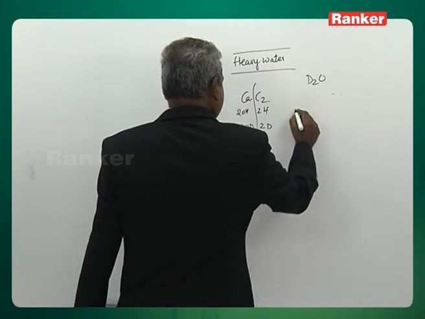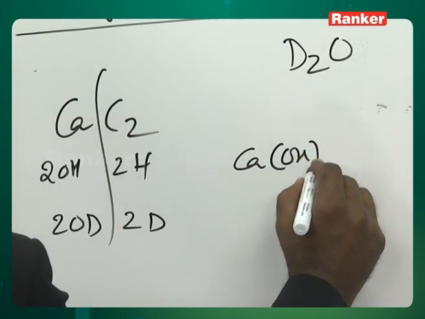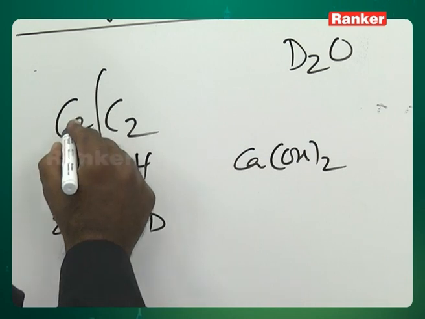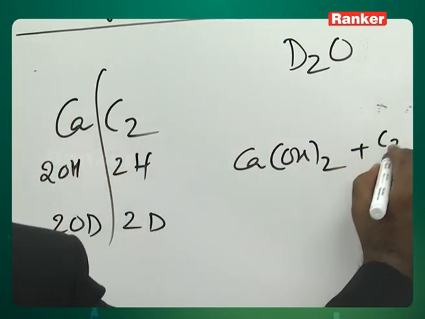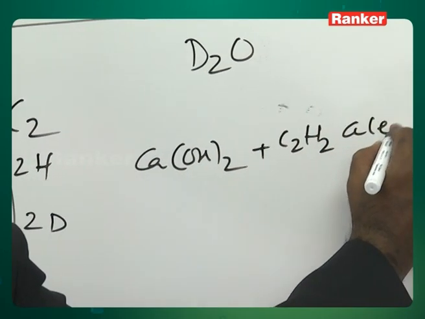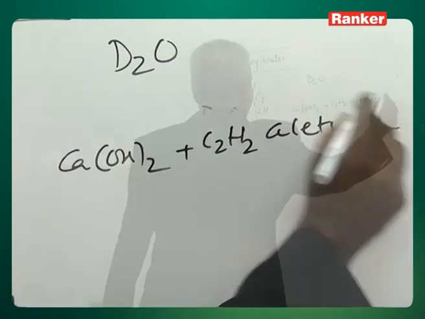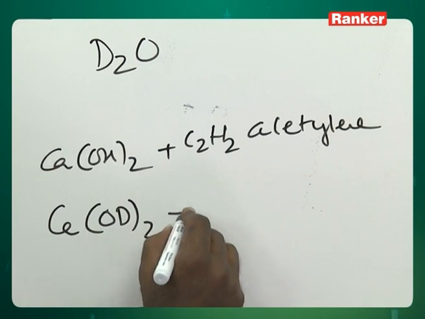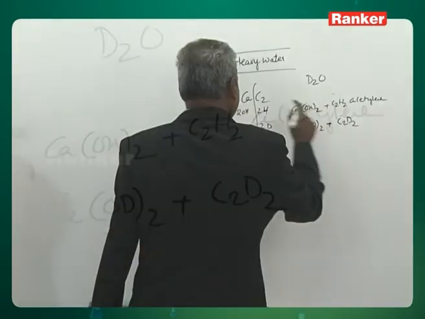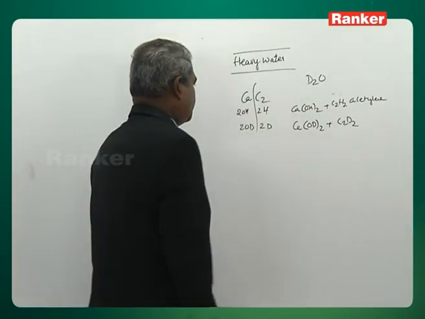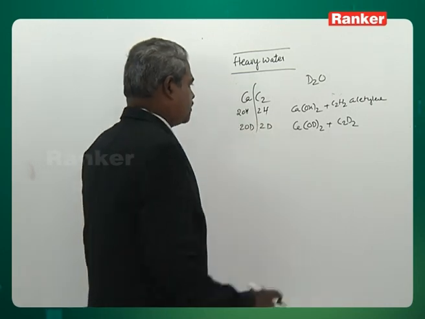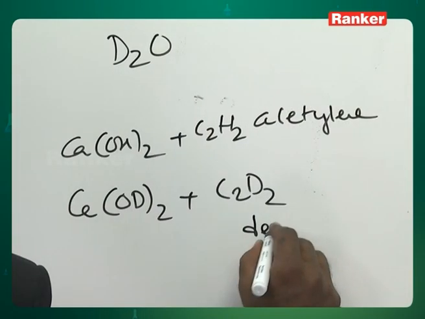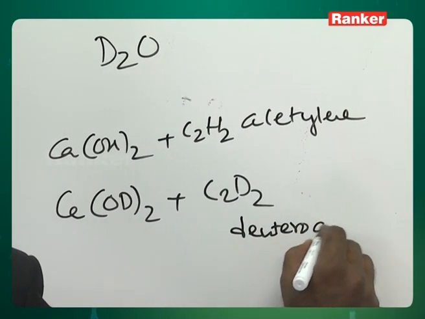So, you get Ca(OH)2, calcium hydroxide, and C2H2, common name acetylene. And Ca(OD)2 plus C2D2. This is hydrolysis, this is deuterolysis. You get a deuteroacetylene.